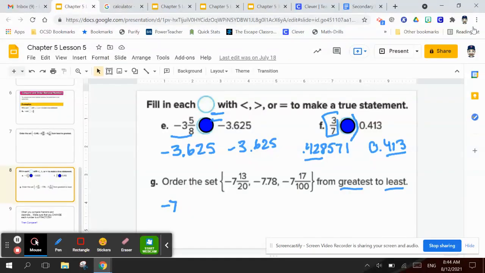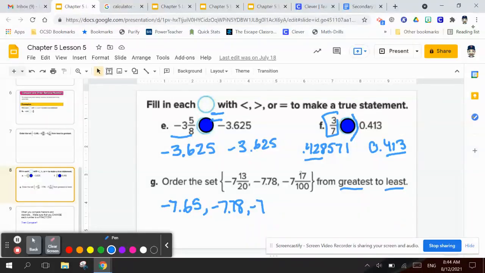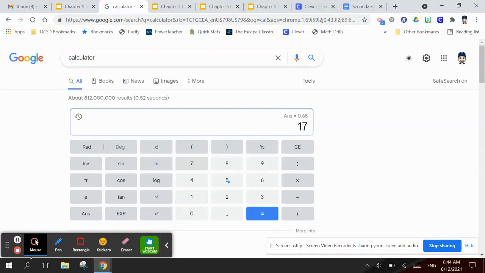So I go back to here, negative 7.65, negative 7.78, and then I have a negative 7 and 17/100, which is 17 divided by 100 is 0.17.